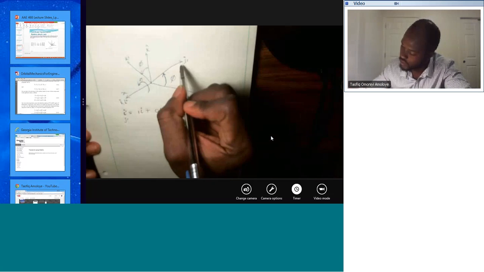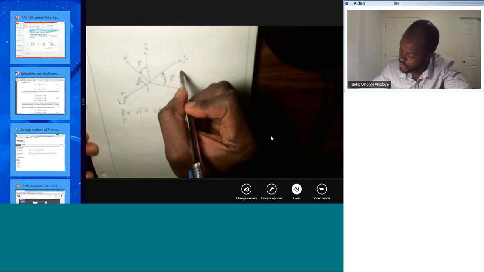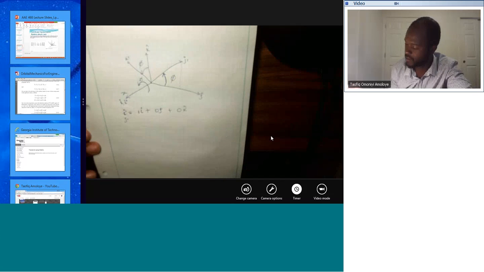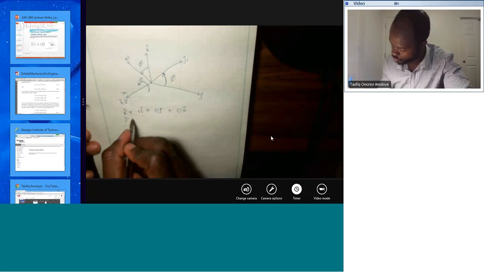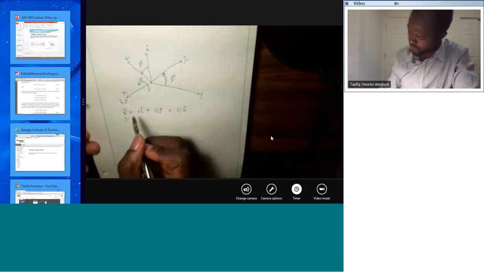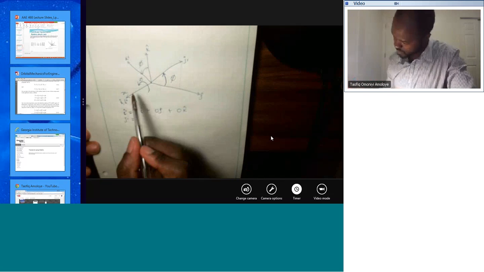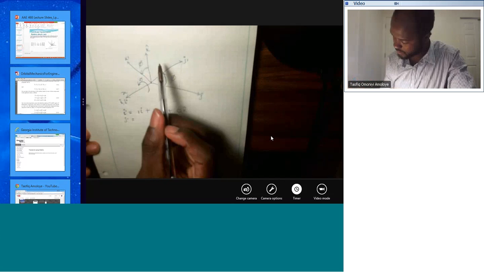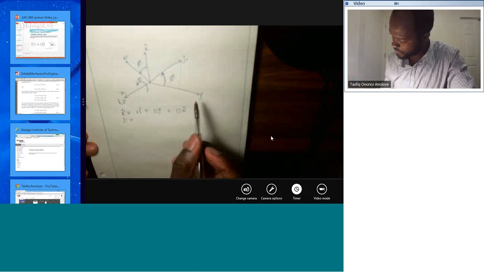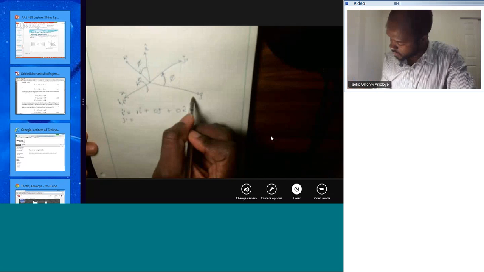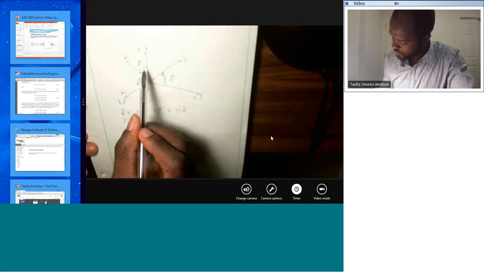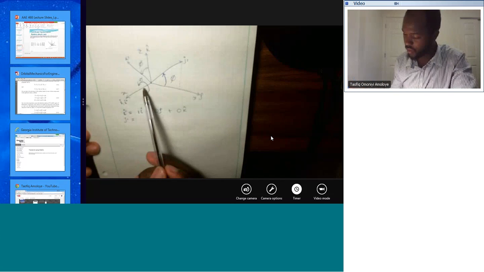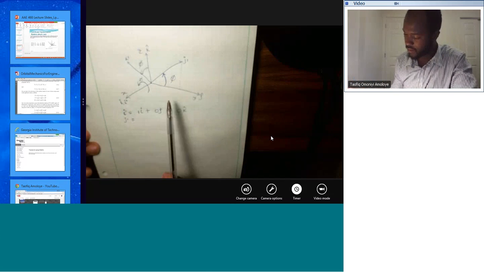Starting with its component on the i axis, it is in the Z, Y plane, so it doesn't have any component on the X axis.